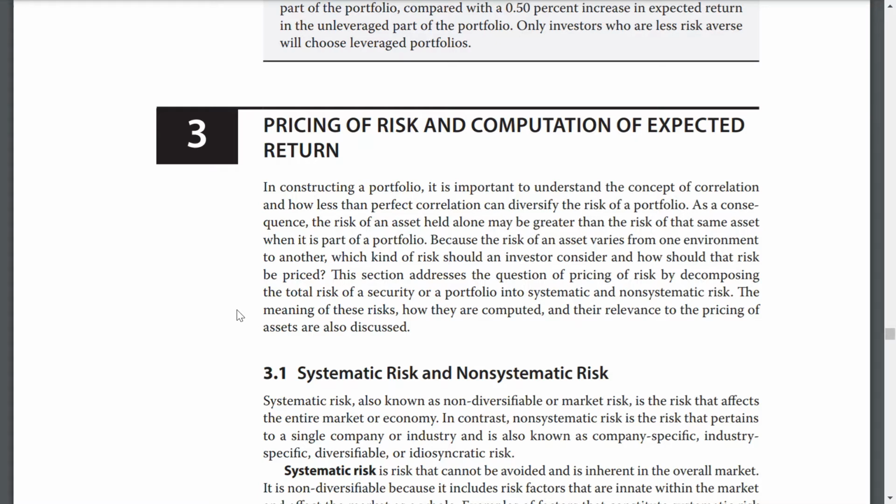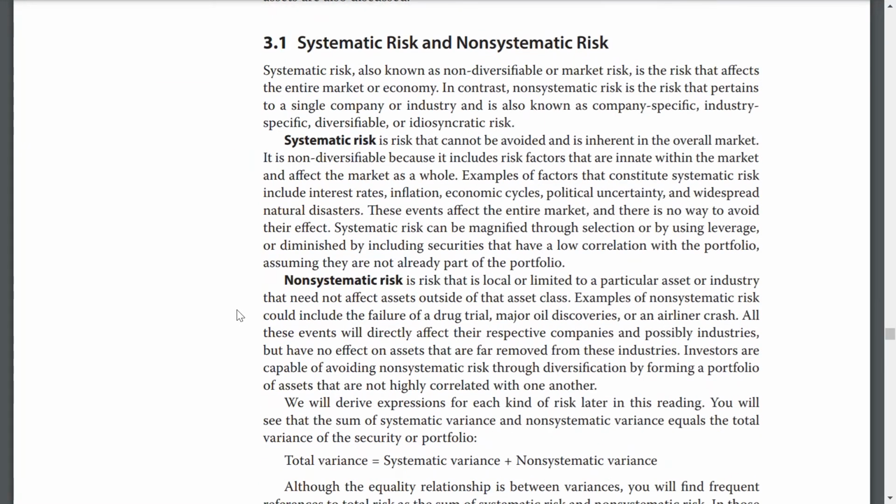Which kinds of risk should an investor consider, and how should the risk be priced? This section addresses the question by pricing risk and decomposing the total risk of a security or a portfolio into systematic and non-systematic risk. The meaning of these risks, how they are computed, and their relevance and pricing in assets are also discussed. Systematic risk and non-systematic risk.